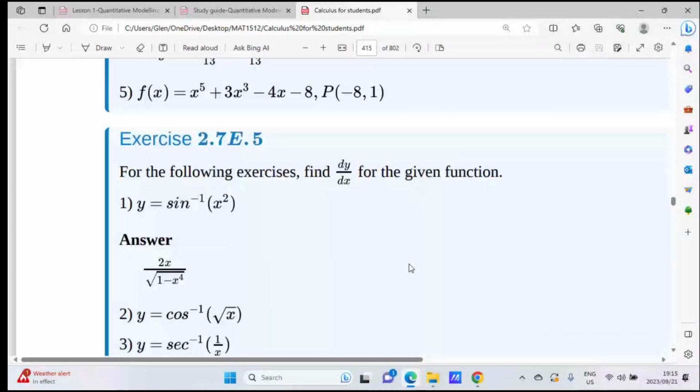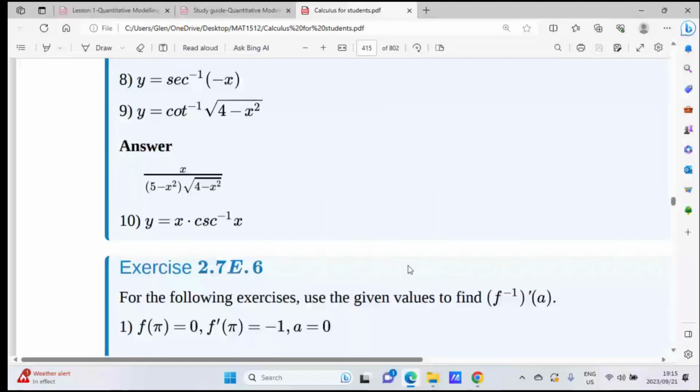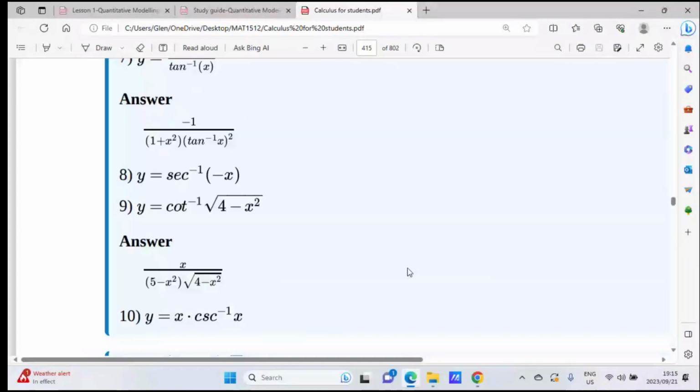Where are my sources now? My material. Okay, so it's square root of u all over, I think, absolute value of u. Negative 4x.